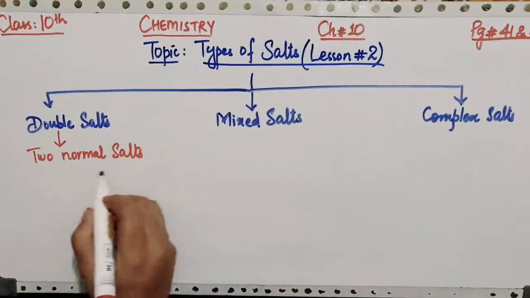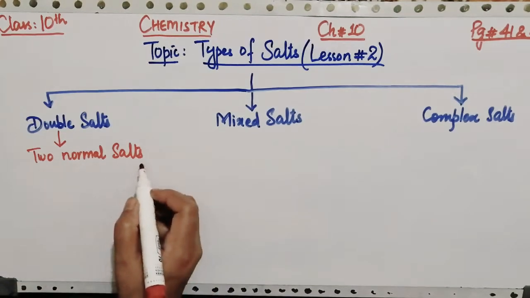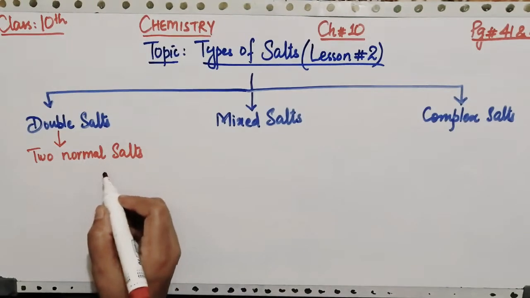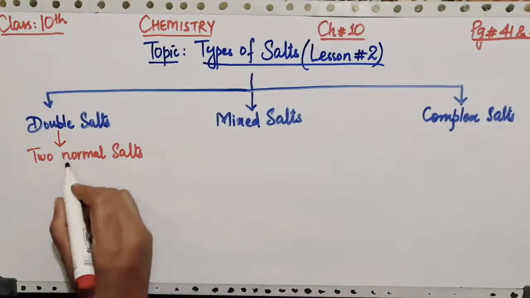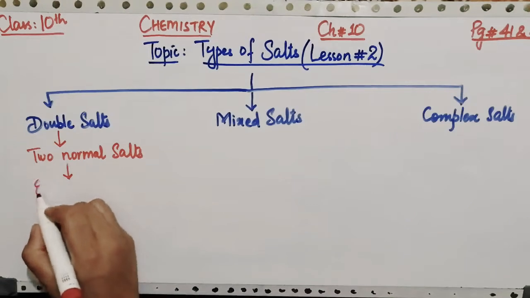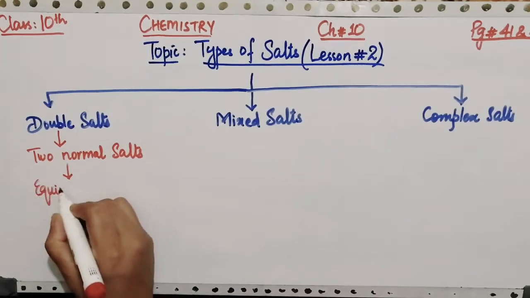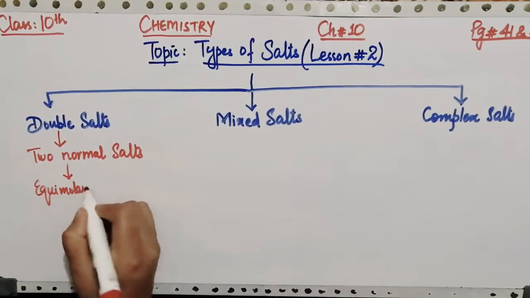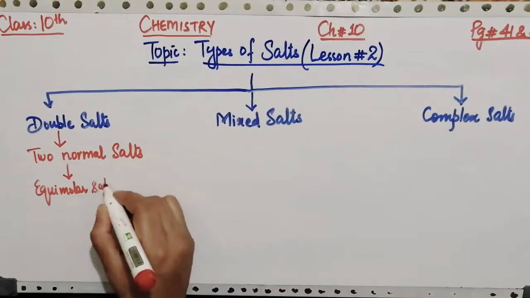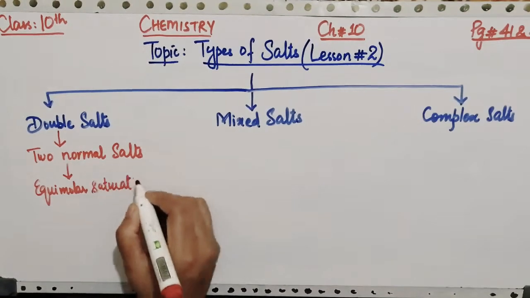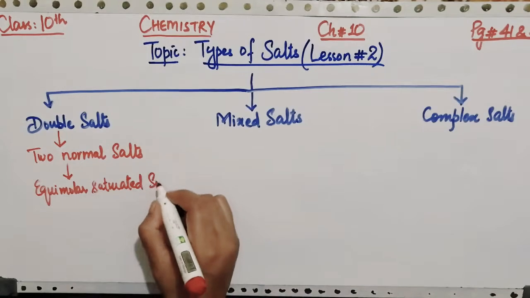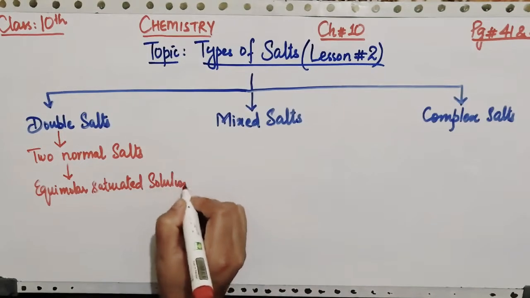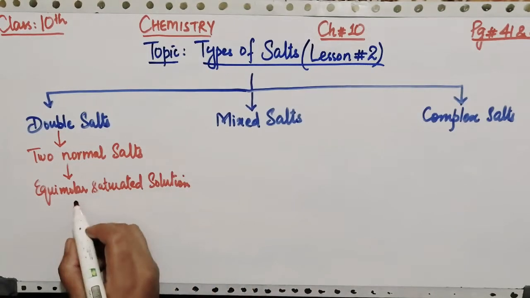So when 2 normal salts are mixed in such a manner that they are dissolved to make their equimolar saturated solution. Equimolar saturated solution. Equi means equal, molar means molarity.